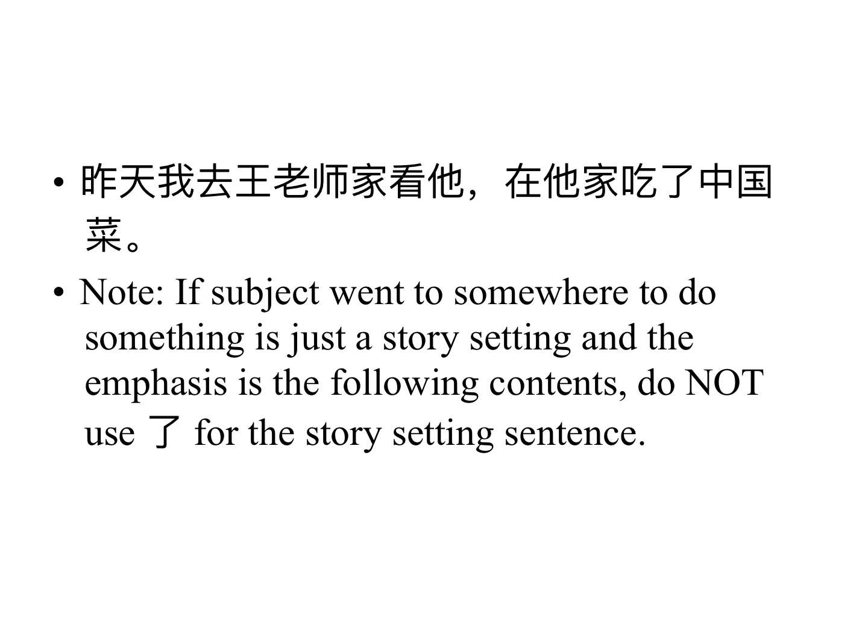So you may ask why we do not use 在他家吃中国菜了. That is because even though here we just list one specific action, if you go to someone's home, definitely you not only eat, right? Maybe you chat, you talked, you watched TV together, but it's just not listed.